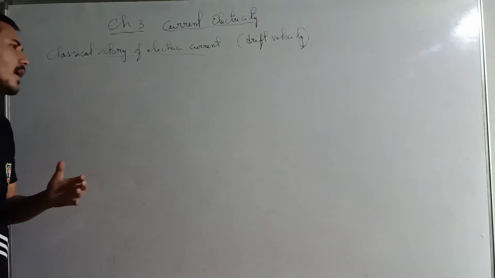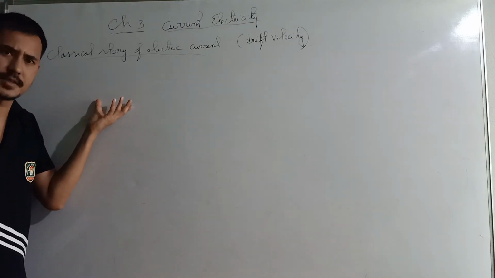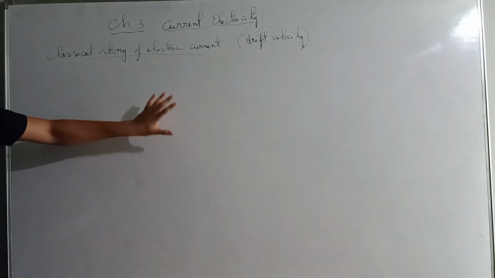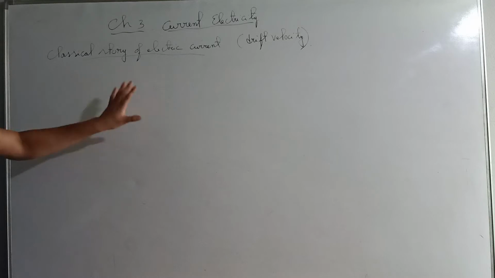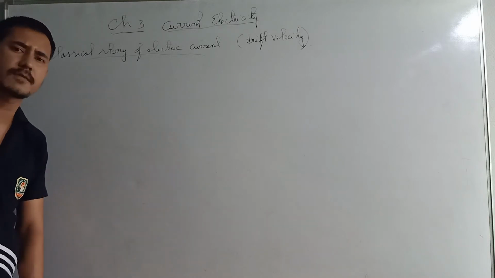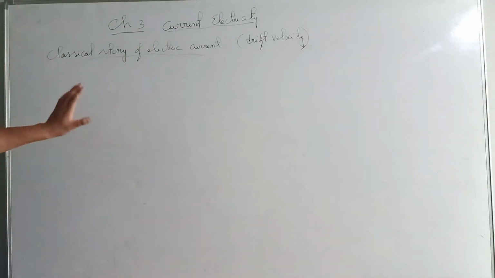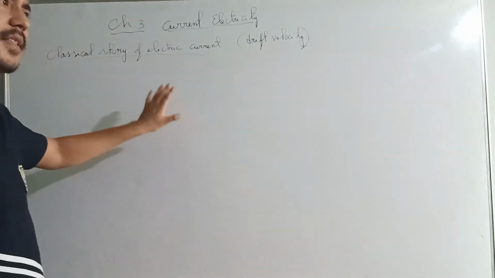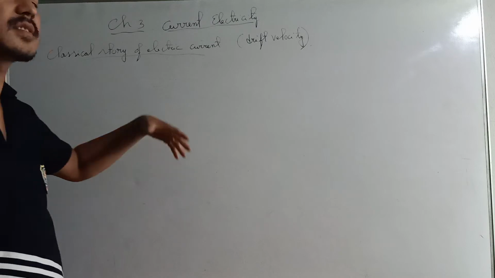Now, as a large number of electrons are present, as the electrons move, they continuously suffer collisions with the positive ions of the conductor, and hence the net flow of the electrons in any particular direction is 0.